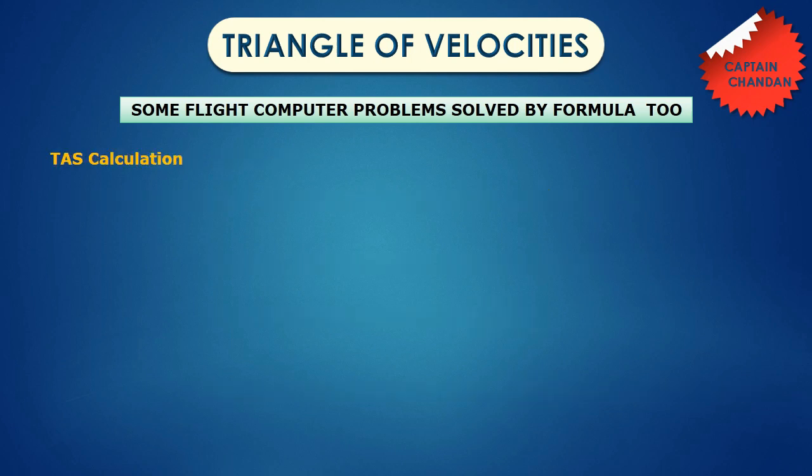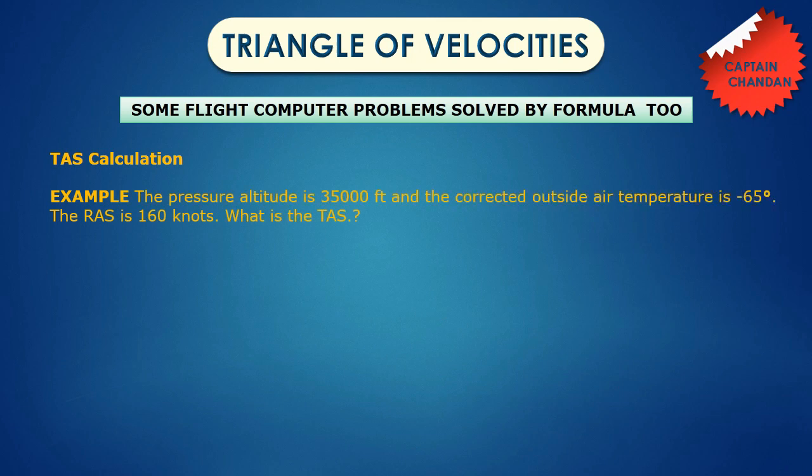Now we'll move to some other topic, that is TAS, true airspeed calculation. I highly recommend you use a flight computer to solve this kind of numerical. Example: the pressure altitude is 35,000 feet and the corrected outside air temperature is minus 65 degrees. The rectified airspeed is 160 knots. So what is the true airspeed?